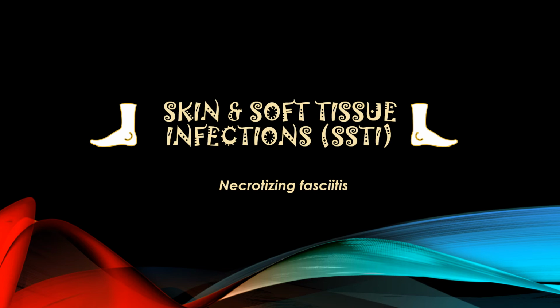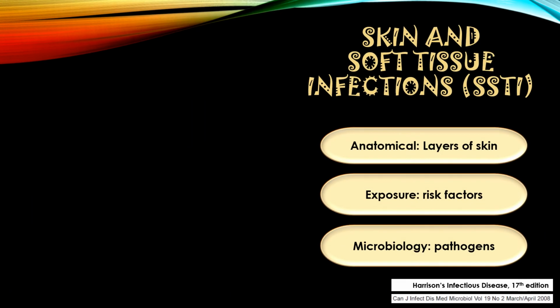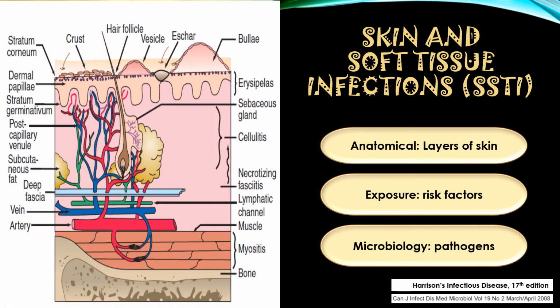The next system is skin and soft tissue infections. In this topic, I will focus on necrotizing fasciitis. It's not so common, but this condition is life-threatening if diagnosis is delayed. To talk about skin and soft tissue infections, we will separate the infections by anatomical structure, by the layer of skin.